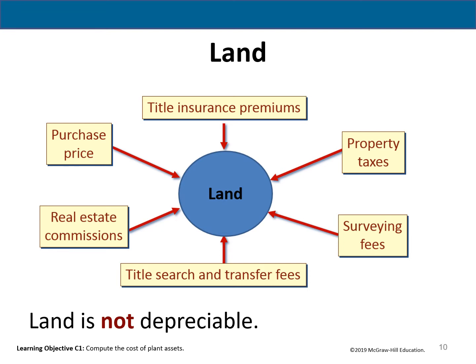And there's land. Land is not depreciable, but it's very important when we determine its cost. The purchase price of the land. Title insurance premium. So if you're not familiar with what title insurance is, when you purchase a property, it has a title, proof of ownership. That's where it says, Lori Dunn owns this property. Well, when you're going to purchase land, you just don't buy it.